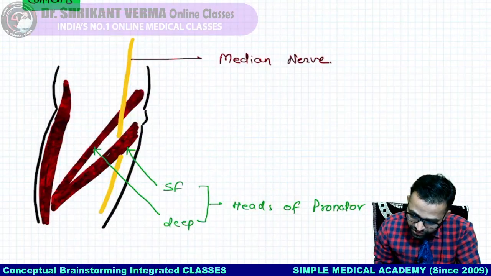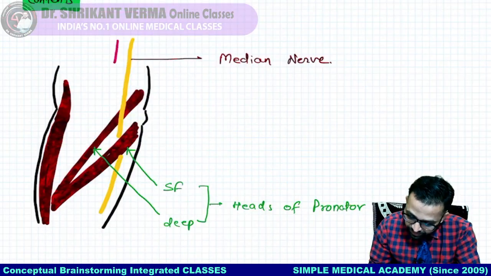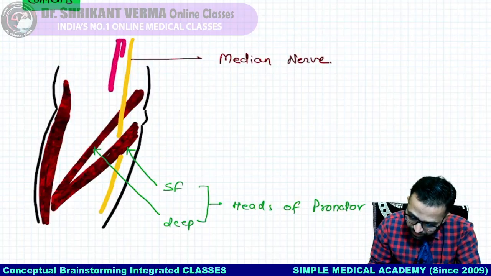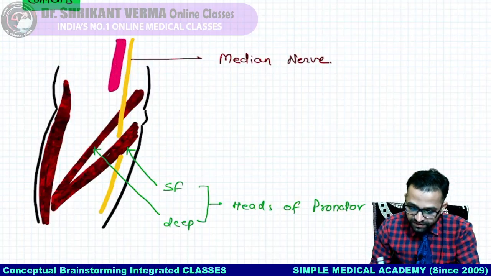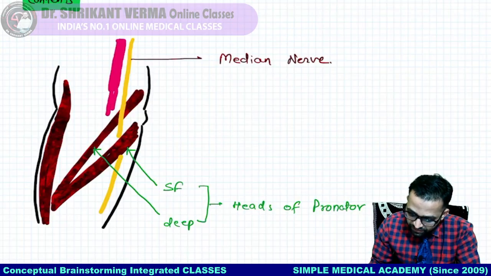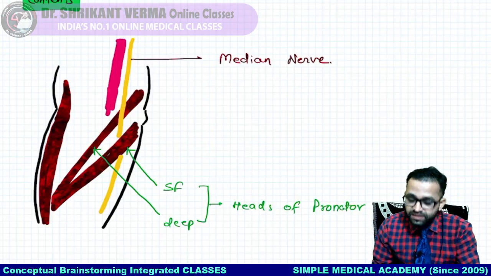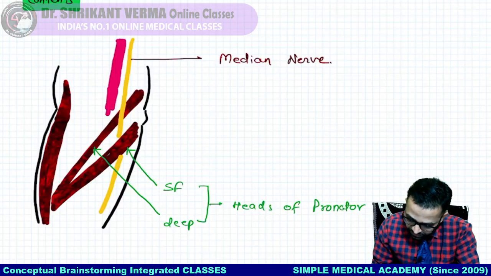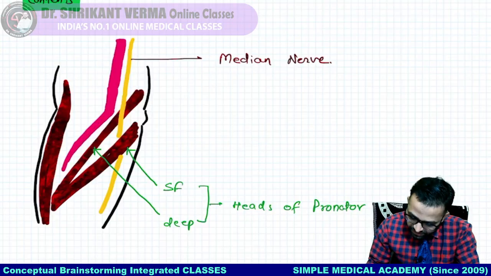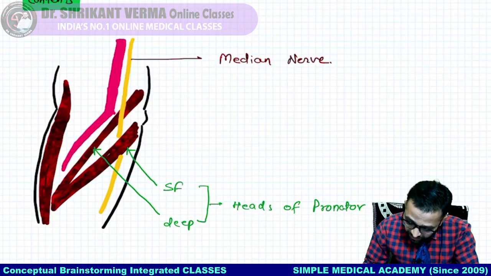So we have seen this story many times. The brachial artery is coming and it is just lateral to the median nerve. Fine, sir. At the level of the neck of the radius, it is dividing into two. One is our radial artery, which is running laterally, and another is our ulnar artery.